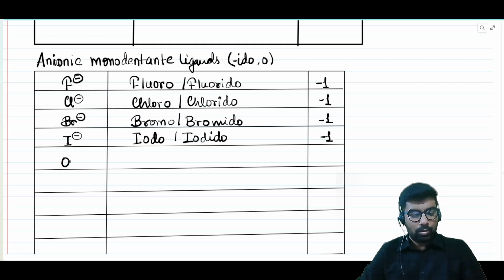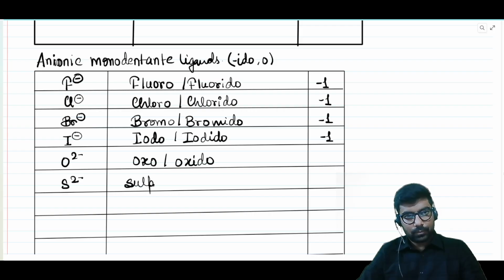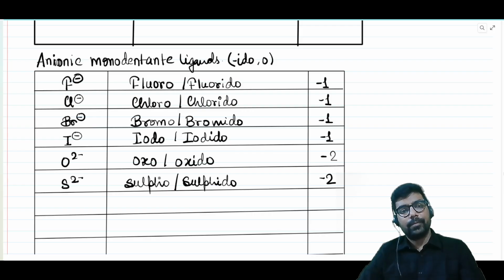Then moving on, O2 minus, we have oxido. Either we call it oxo or oxido. If we have S2 minus, that is sulfo or sulfido. The charge is -2 over here. And then we have, let's say, OH minus.